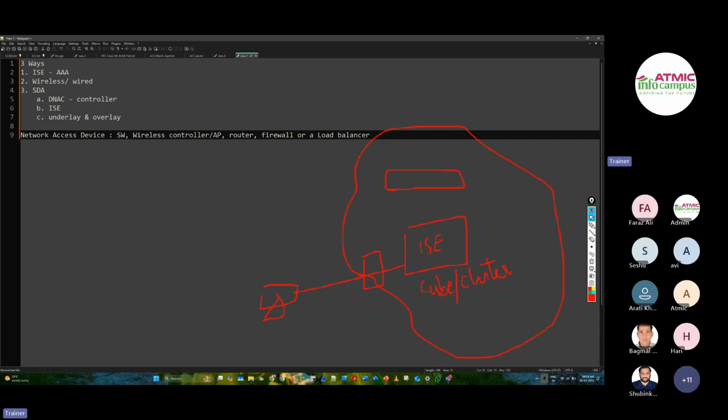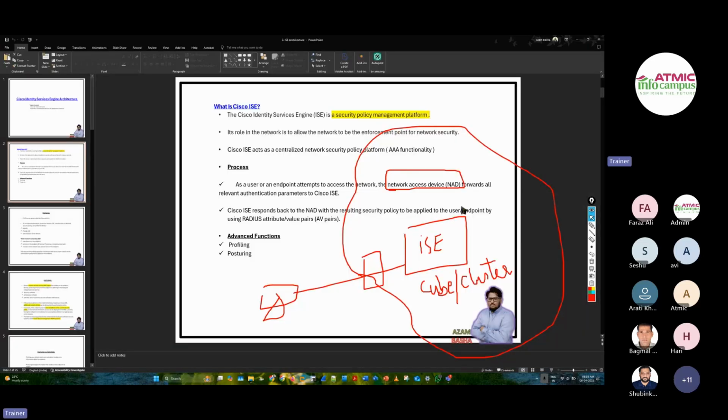It can be any of these in the diagram I just drew. So a device is trying to access, and in this case it can be a firewall.